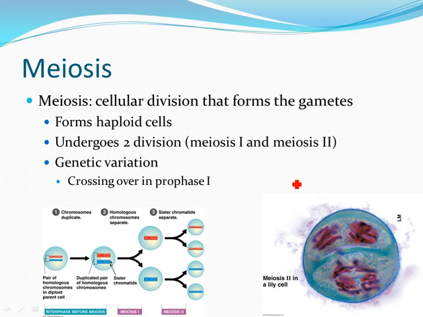It's due to crossing over in prophase 1, and also random assortment, also called independent assortment, in metaphase 1 or anaphase 1, depending on how you interpret it. We'll go into more detail as to what's happening there.